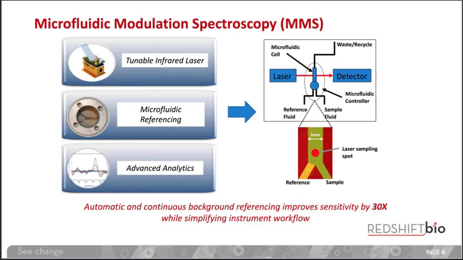So all those put together allow us to achieve a sensitivity which is about 30 times better than conventional methods, all while simplifying the actual operation. We've tried to take the user out of the measurement as much as possible here so that measurements are very, very consistent and repeatable.